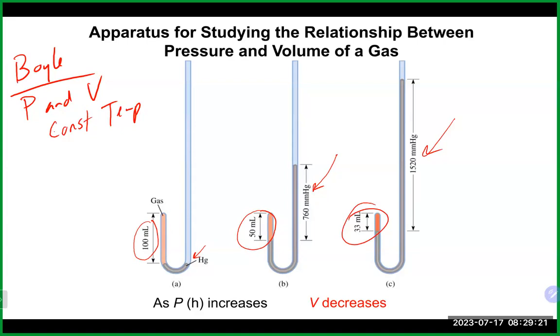And that makes sense if you think about it. If we squeeze down the volume of a gas, that frankly means those gas molecules have much less room to fly around in, which is going to increase the number of collisions. Increasing the number of collisions is going to increase the pressure that you're going to see.